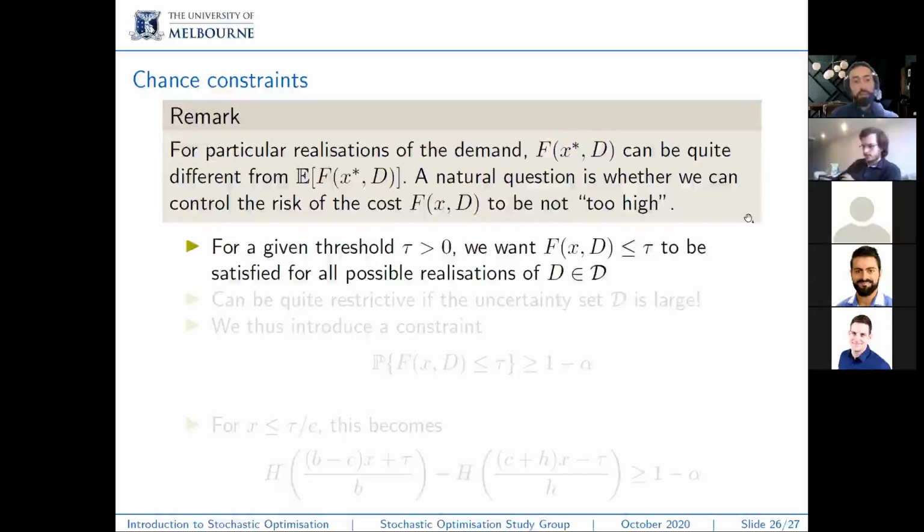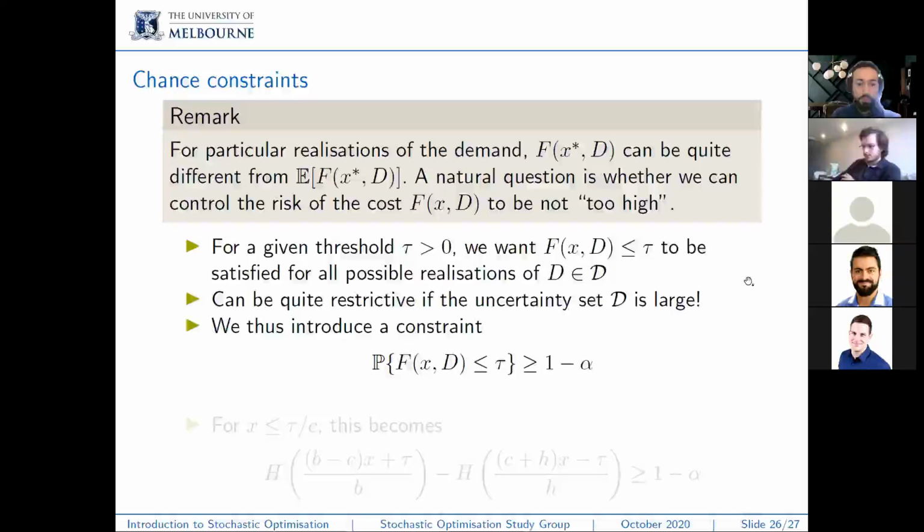We could either try to impose an upper bound tau on the cost for all possible realizations of D. So D sits on this set. But then if this set is large, this condition becomes really restrictive. So then another approach is to introduce a constraint in probability.